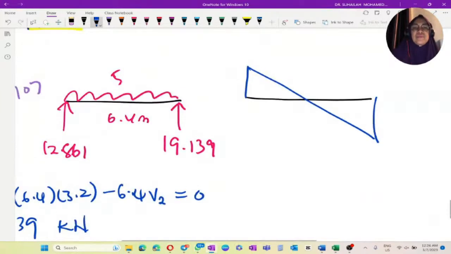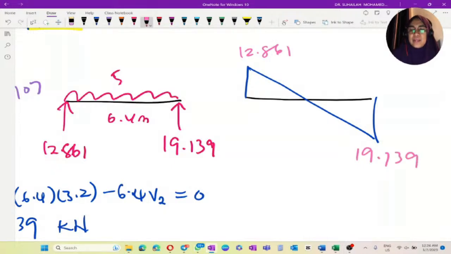The value is 12.861 and negative 19. This is negative side, so do not put negative. So this is 19.139. So this is positive. This is negative. Again, this negative.